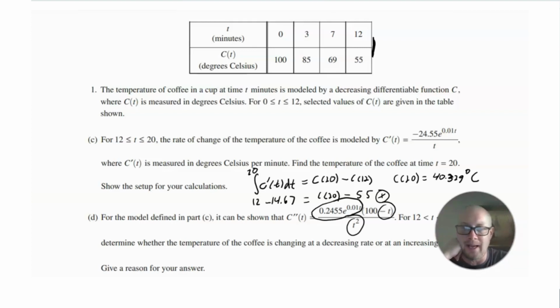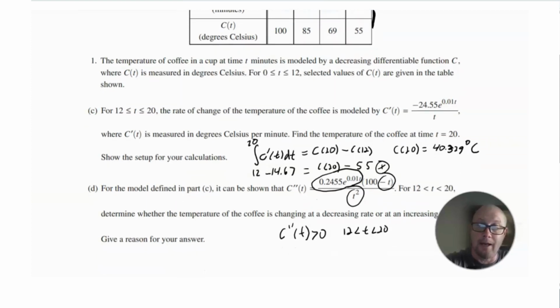So that means that the second derivative is positive. So c double prime of t is greater than 0 when t is greater than 12, less than 20. That means that the temperature of the coffee has to be changing at an increasing rate.